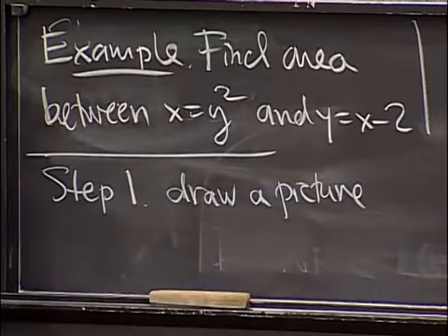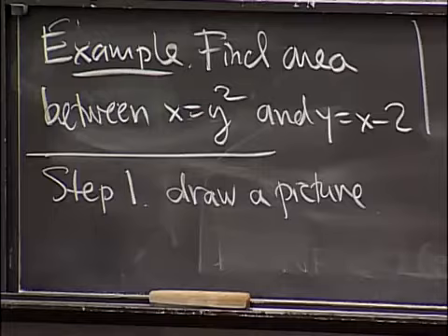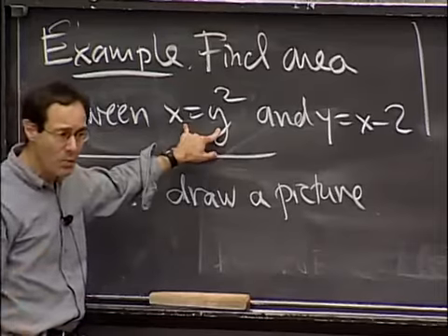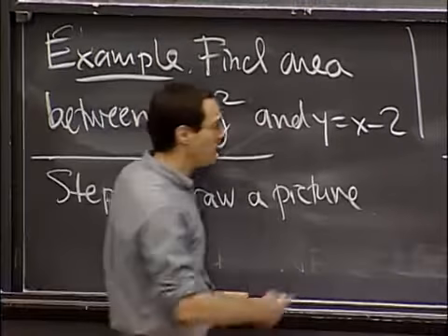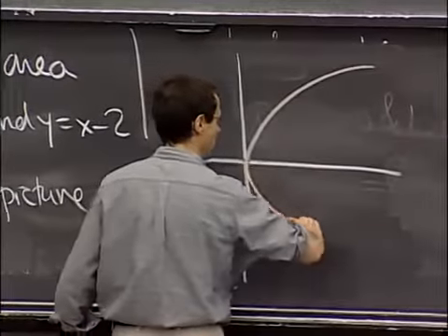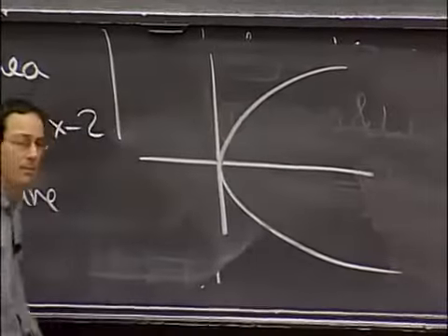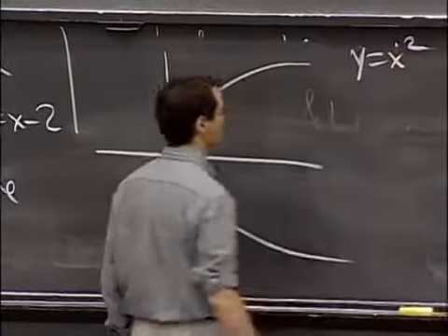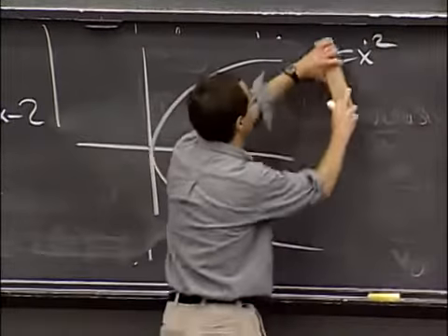If you don't draw a picture, you'll never figure out what this area is, because you'll never figure out what's what between these curves. The first curve, x equals y squared, is a parabola, but it's x as a function of y. It's pointing this way. So it's this parabola here. That's x equals y squared.